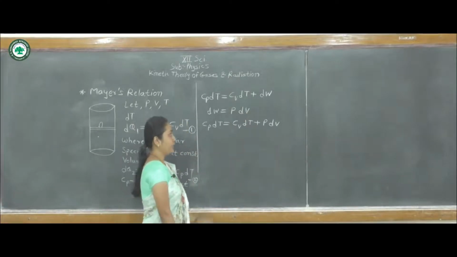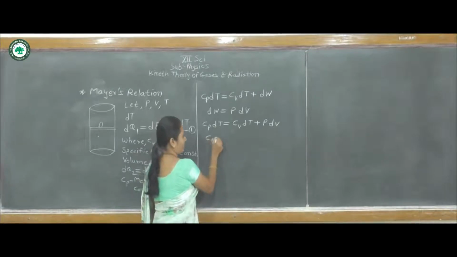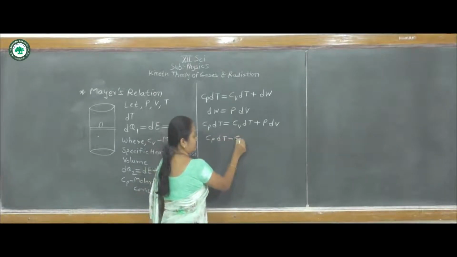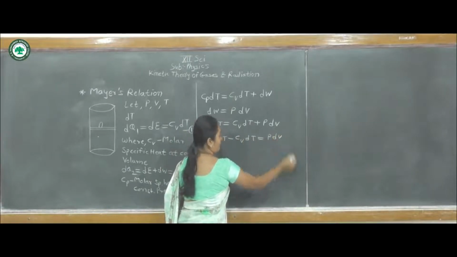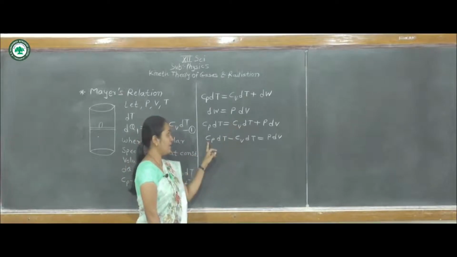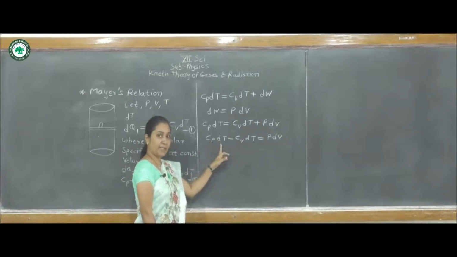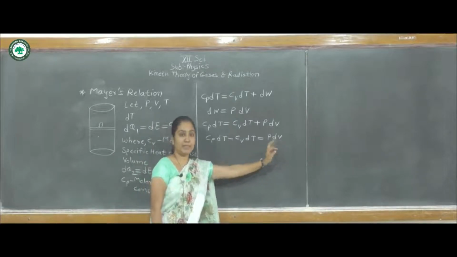Now by rearranging this equation, we have taken Cv dT to the left side, so we can write Cp dT minus Cv dT is equal to P dV.